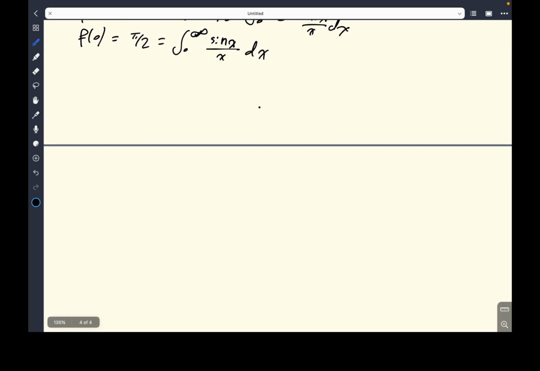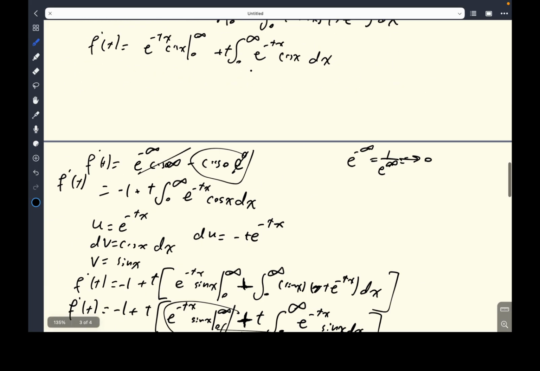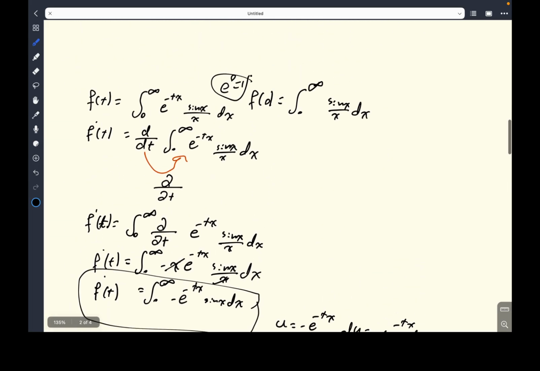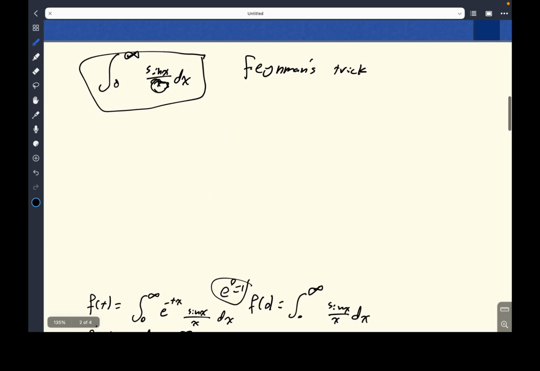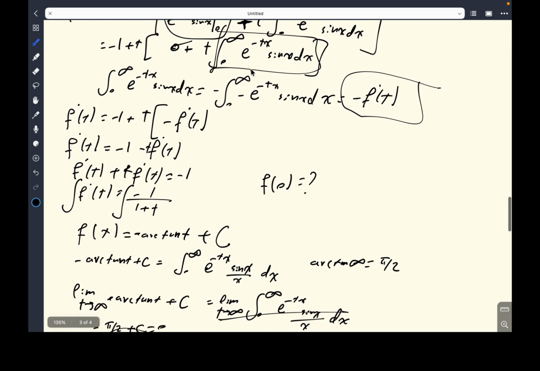Thus, our integral from 0 to infinity of sine x over x dx is an exact value of pi over 2. So that was how we could solve this hard-looking integral with Feynman's technique, which is, in my opinion, the greatest integration technique of all time.